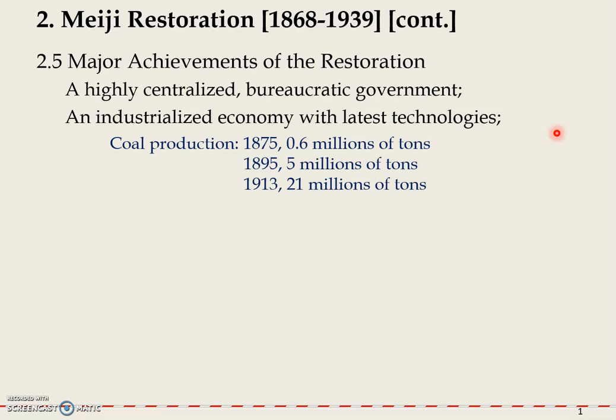Again, coal is super important in terms of industrialization, because it provides the energy or the driving force of a lot of machinery and equipment, such as the steam ships, right?